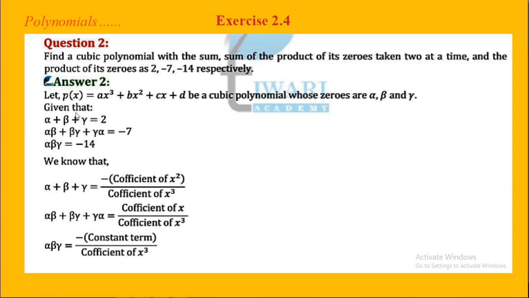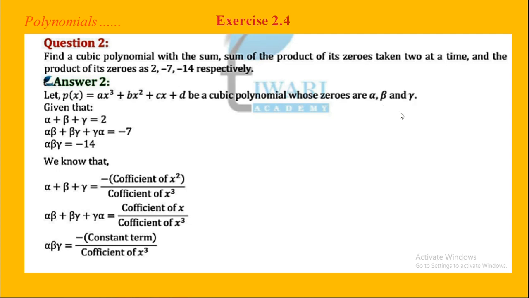So in general we can write a cubic polynomial as p(x) = ax³ + bx² + cx + d, and we can take its zeros as alpha, beta and gamma.